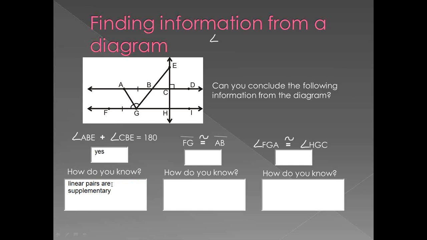Sorry. All right, now let's see. Can we conclude from the diagram FG equals AB? That's FG here and AB up here. Can you guys conclude that from the diagram? All right, good.